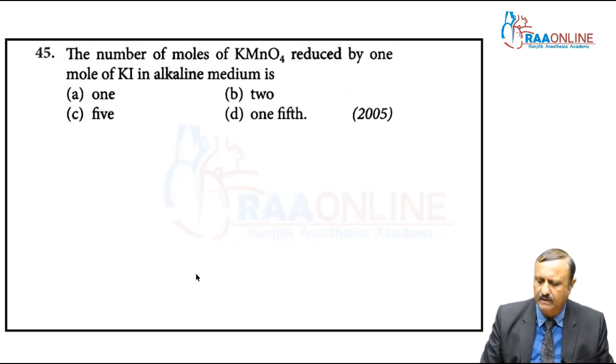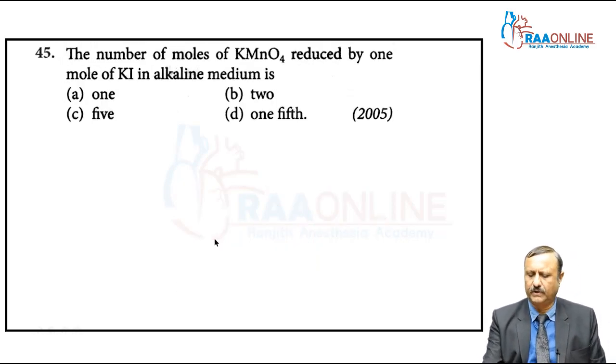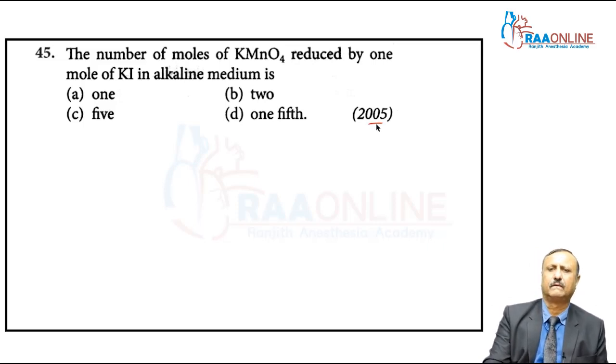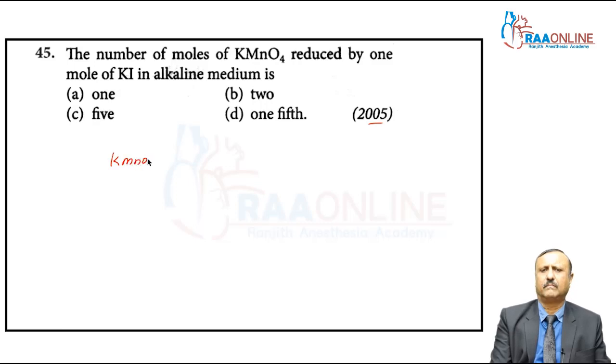Now, my dear students, we can see the next question, question number 45. Question number 45 was asked in the 2005 NEET exam. Here, my dear students, the number of moles of KMnO4 reduced by 1 mole of KI, when the solution is alkaline. My dear students, alkaline and neutral are the same in nature.